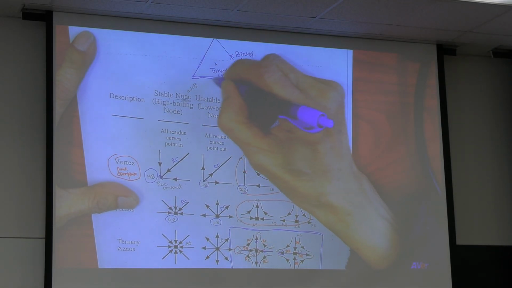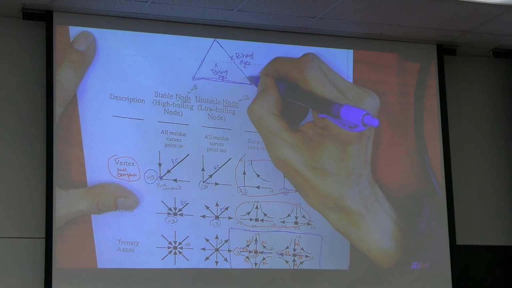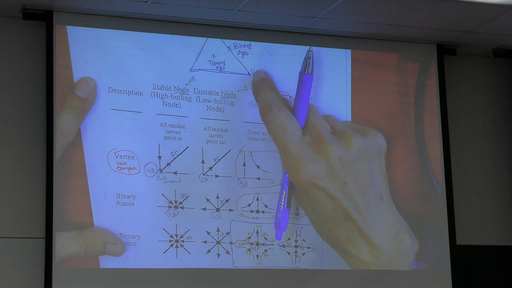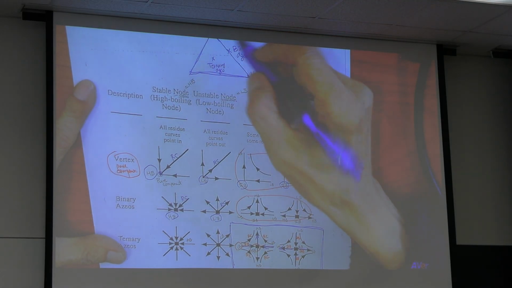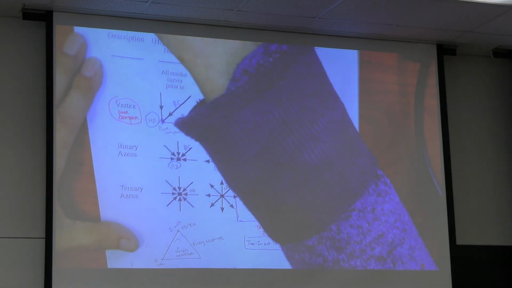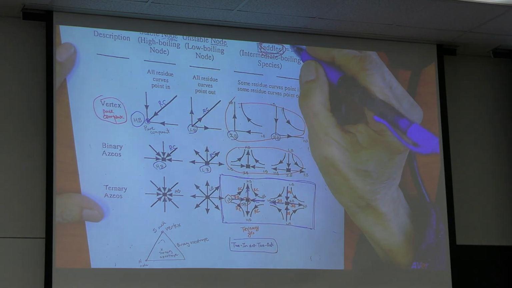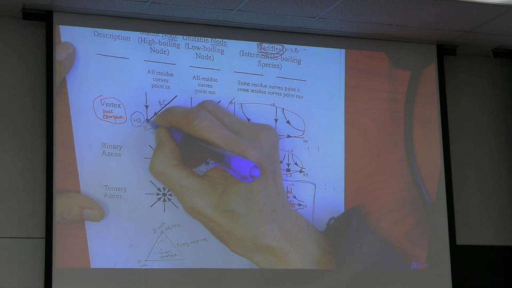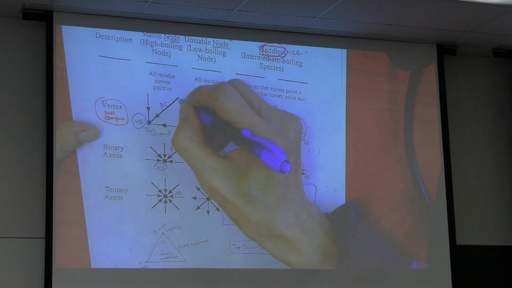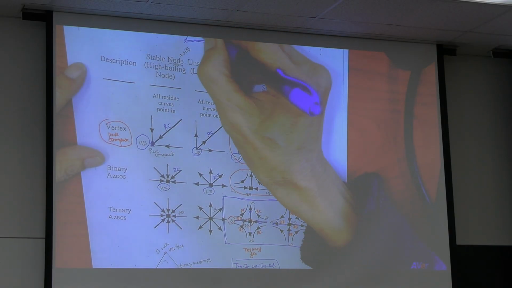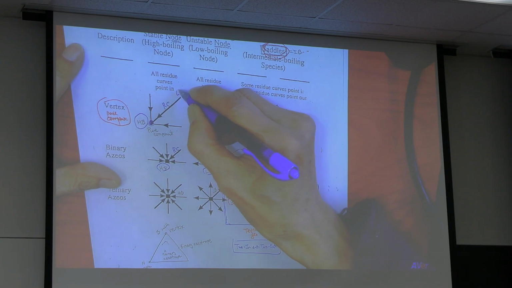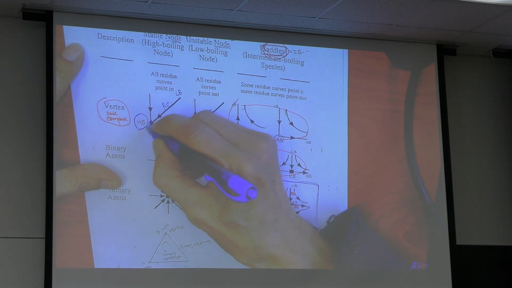Suppose you have a triangle. Vertex is pure component. Binary azeotrope, ternary azeotrope. So, if this is the pure component, you have a residue curve from low boiling to high boiling.